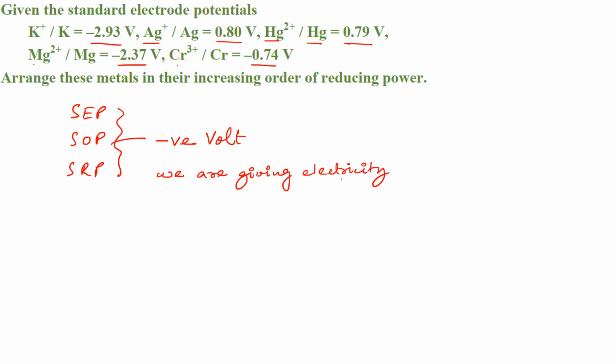What do you think? Is this a favorable thing? That means if I want to go from K plus to K, I will have to give 2.93 volt of energy, right? Yes or no?